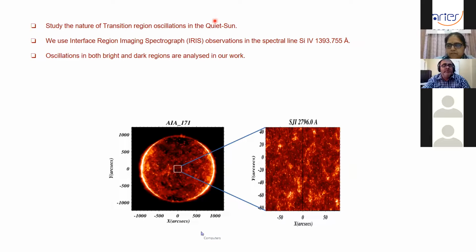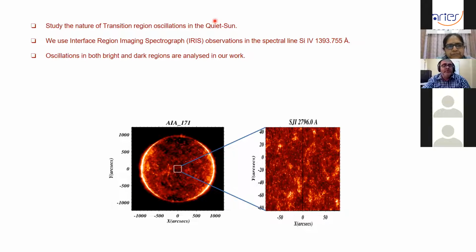In today's talk, I will be discussing the results of my recent work. We have analyzed transition region oscillations in the quiet Sun using IRIS data in sit-and-stare mode. For this work, we have used the Silicon IV 1393.77 angstrom line.